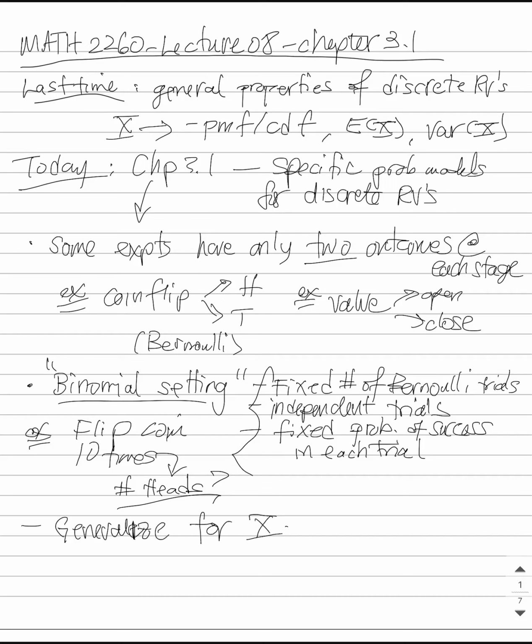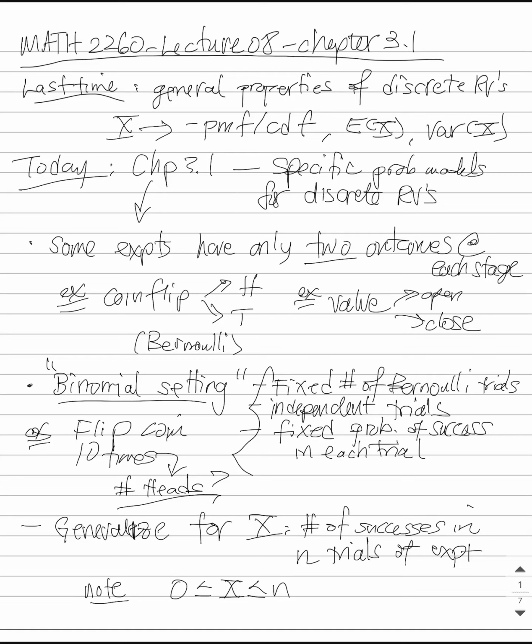We're going to let X represent the number of successes in N trials of this experiment. If I flip a coin 10 times and I call success getting a heads, then the number of successes could range anywhere from 0 up to the full number of trials. I could get 0 heads, 1 head, 2 heads, all the way up to and including 10. I can't get more than 10, and I can't get less than 0.